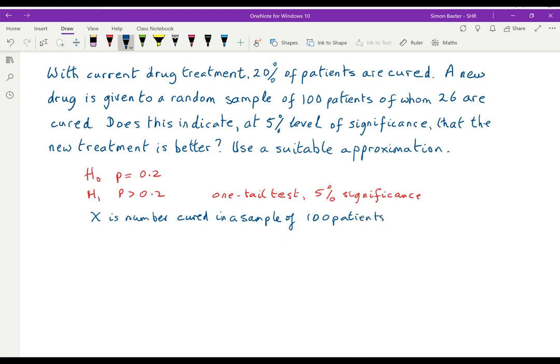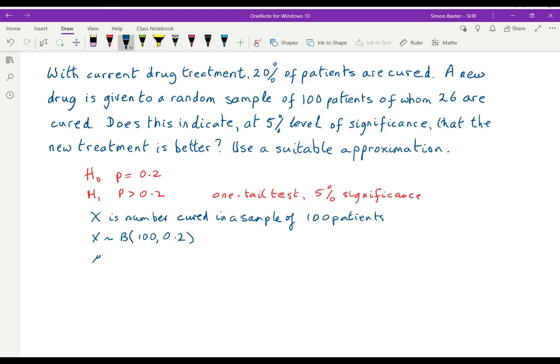Now, we cannot use our cumulative binomial tables for this, but we can use an approximation. 0.2 is just on the edge of P is near a half. On the other hand, n is 100, which is really quite large. So in this case, we have that X is actually binomial 100, 0.2.